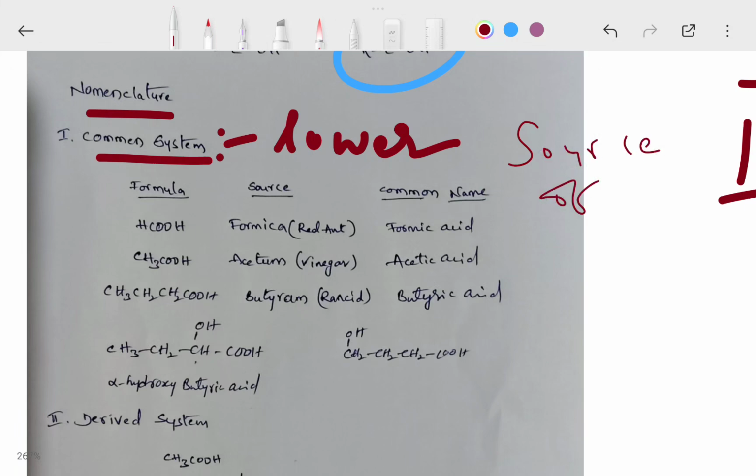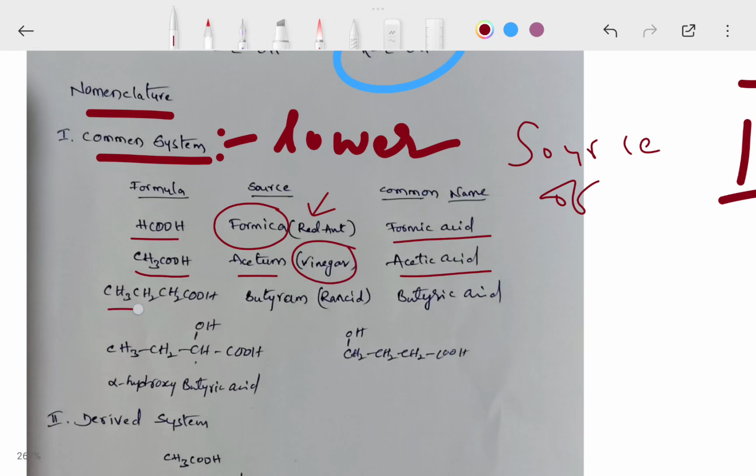For example, the formula HCOOH is sourced from formica, which is present in red ants. That's why the common name is formic acid. Next, CH3COOH, whose common name is acetic acid. The source is acetum, nothing but vinegar.